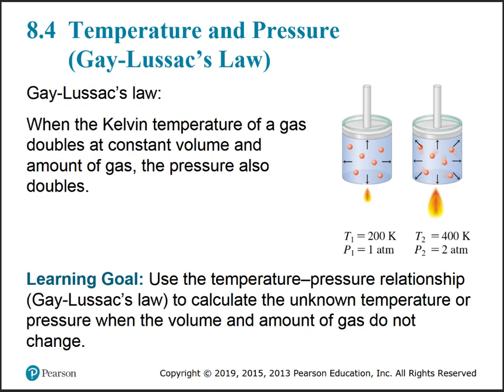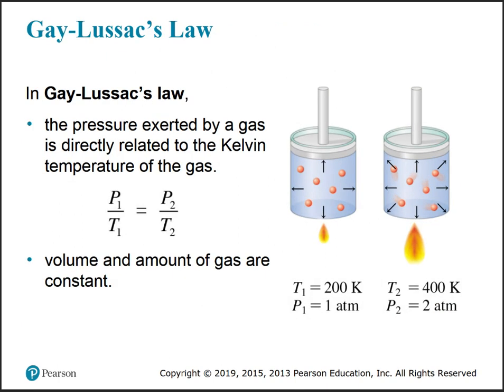The last gas law that we're going to go over today is Gay-Lussac's law, and that equates pressure and temperature. You'll notice that P1 over T1 equals P2 over T2 looks a heck of a lot like the Charles's law that we just did. So that means pressure and temperature are directly related.